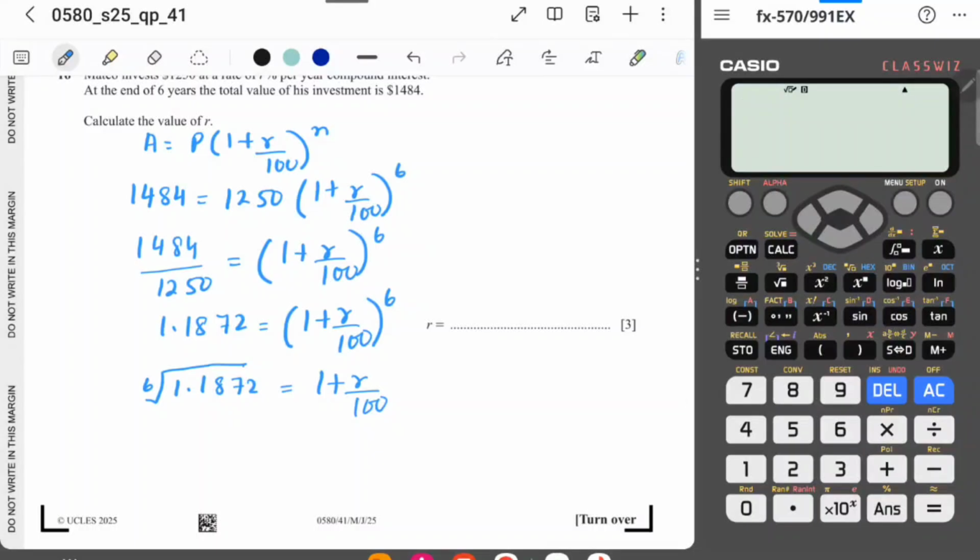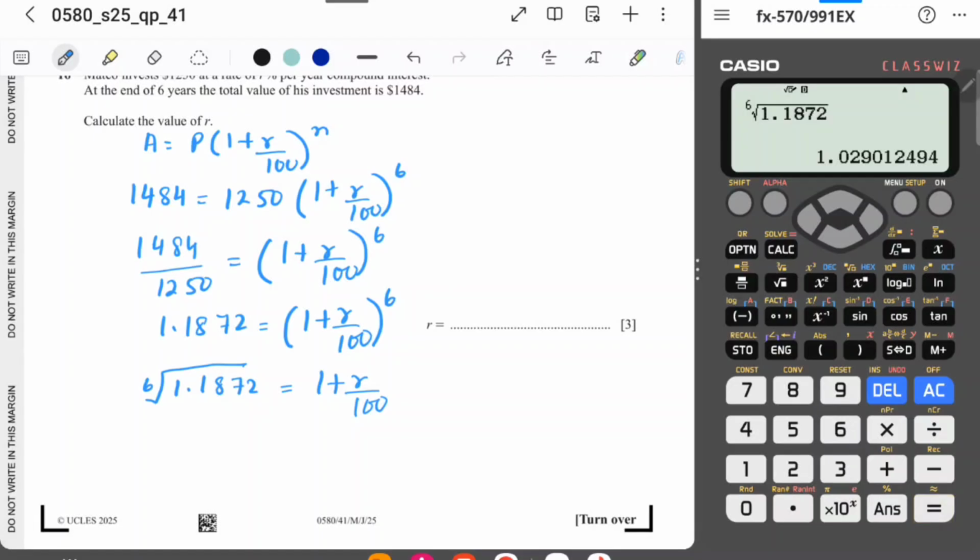Whenever you have to find the sixth root, use shift, then the root key, and enter the sixth root of 1.1872.